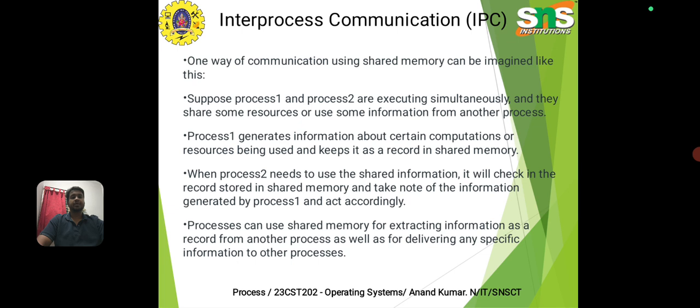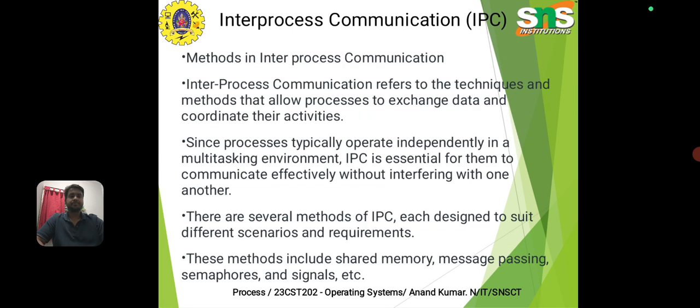When process 2 needs to use this shared information, it will check the record stored in shared memory, take note of the information generated by process 1, and act accordingly. So a process can use shared memory for extracting information as a record from another process as well as for delivering specific information to other processes.